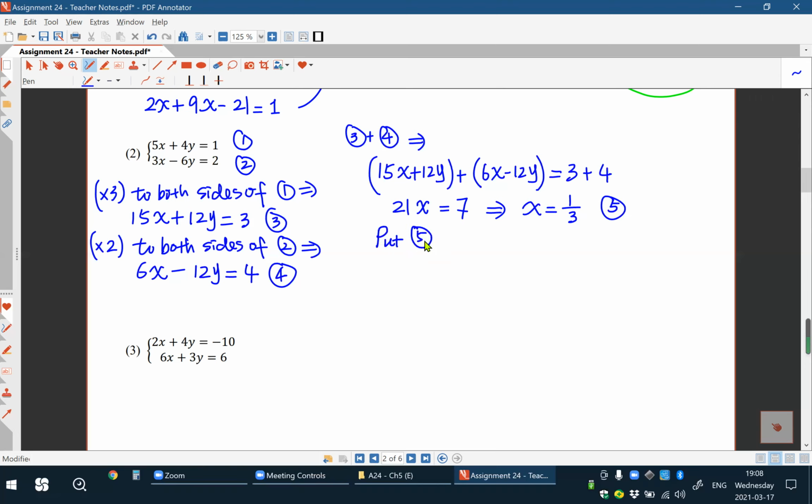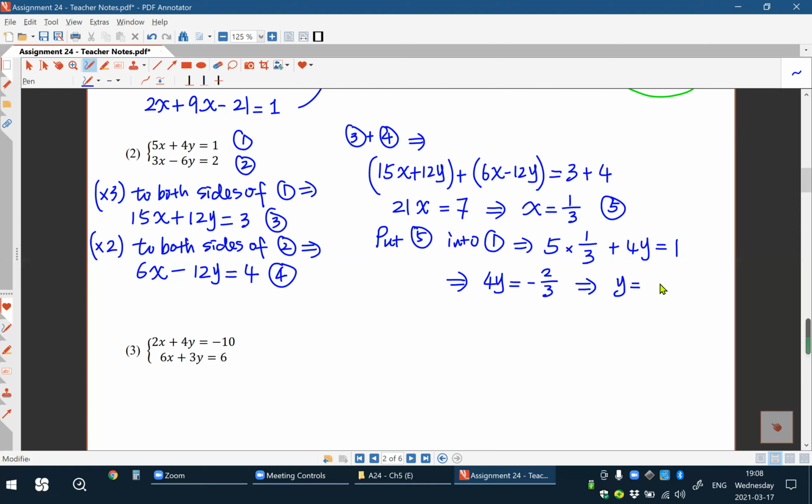Then you can put 5 back into equation 1 or equation 2. So let's put it into 1. Then you will get 5 times 1/3 plus 4y equals 1, right? And from here you can solve 4y equals minus 2 over 3.